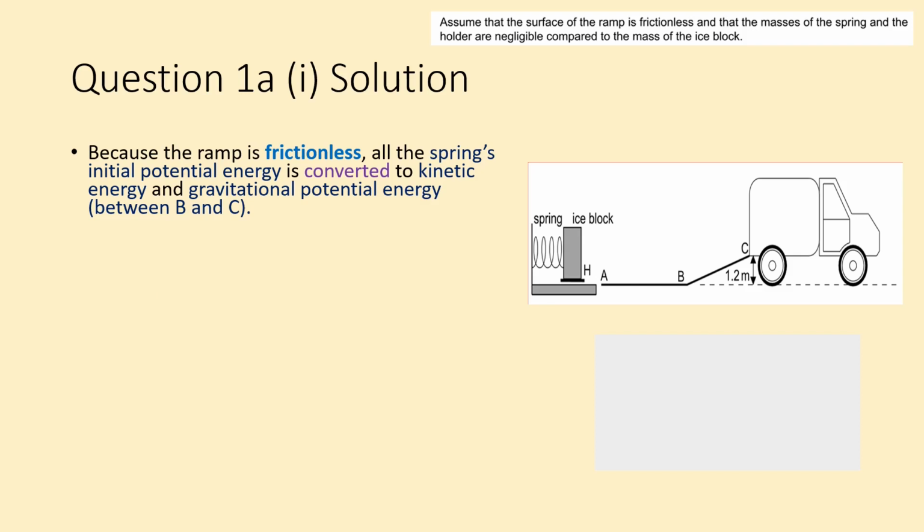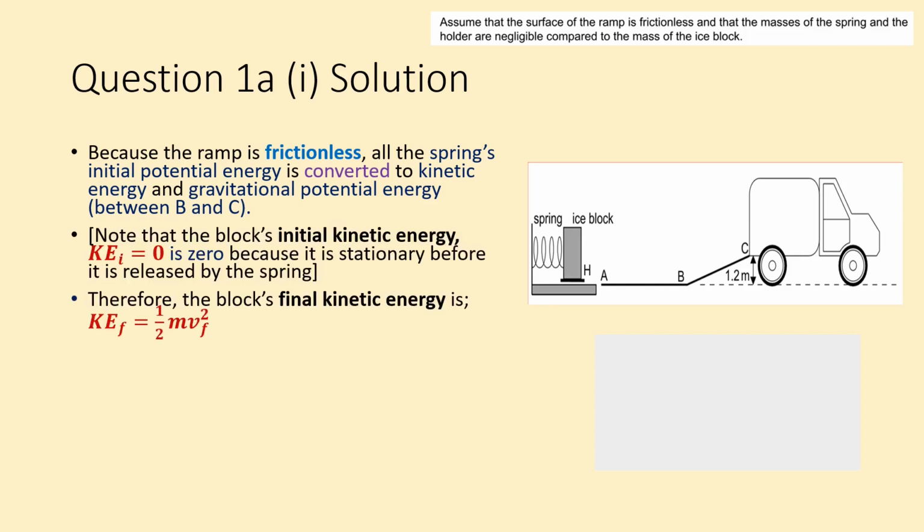Along the section AB, it is going to be purely kinetic energy because the block is on the same level, so it jumps from the spring and then all that is energy in motion along that section. But then along the section BC, it is going to go up a ramp. That means it is going higher in the gravitational field, and how high it goes is determined by that height there that is given as 1.2 meters.